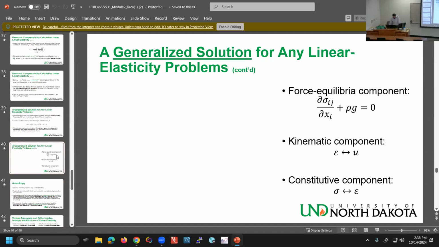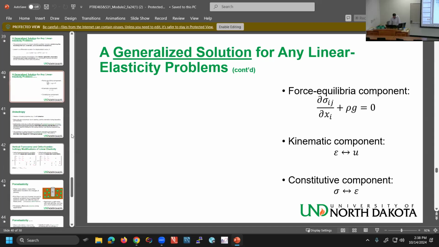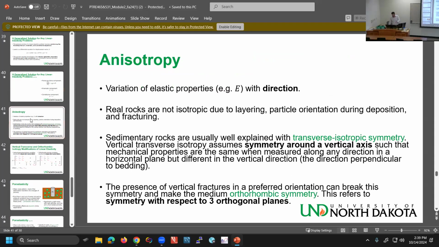Exam 2 will start from slide 41 and onwards, and the material from there will be on the exam. So we start from anisotropy onwards for exam 2, but there is time until then.